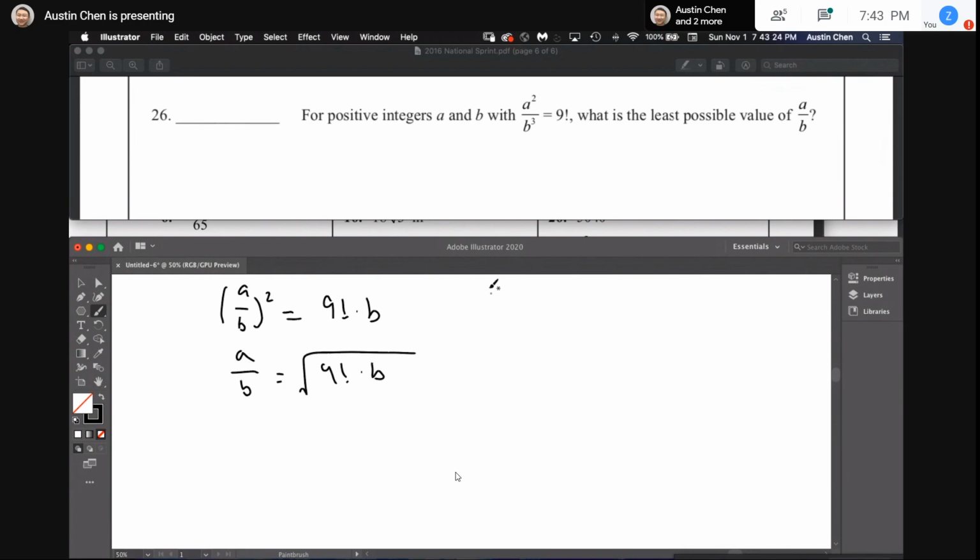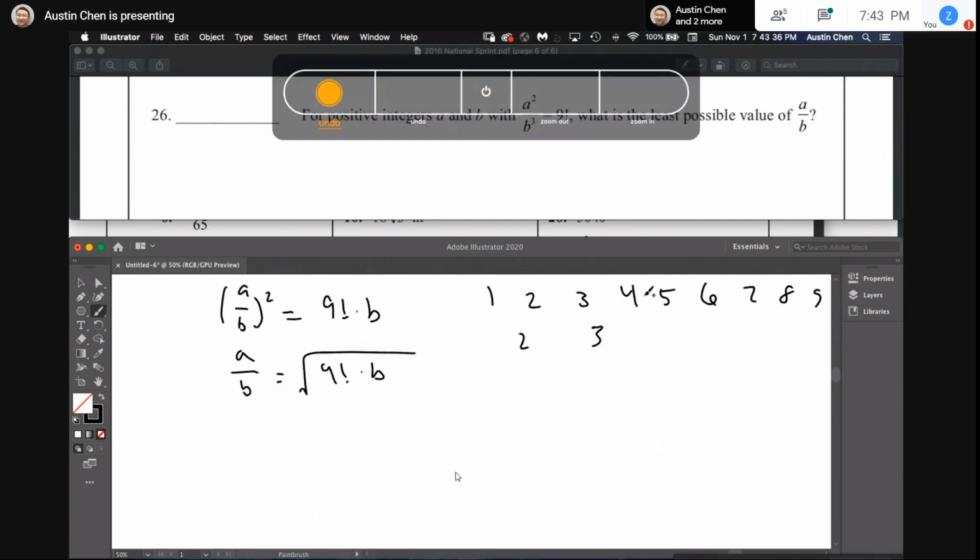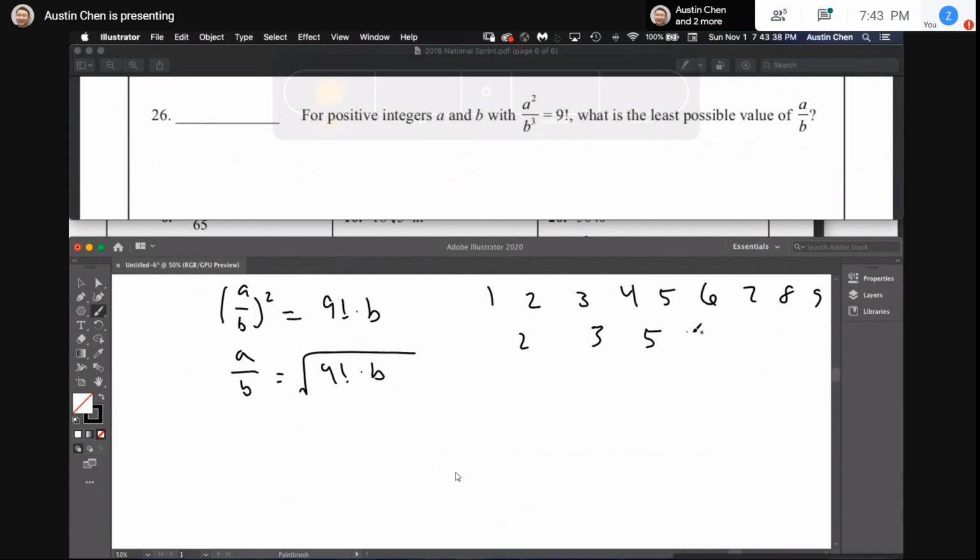So we're going to have 1, 2, 3, 4, 5, 6, 7, 8, 9, right? I'll make tally marks for 2, 3, 5, and 7. So we're going to have 1 there, 2 there, 1 there, 1 there, 1 there, 1 there, and 1 there.